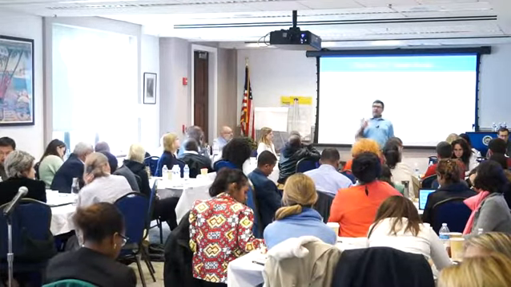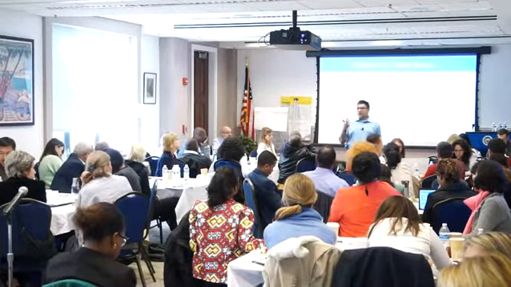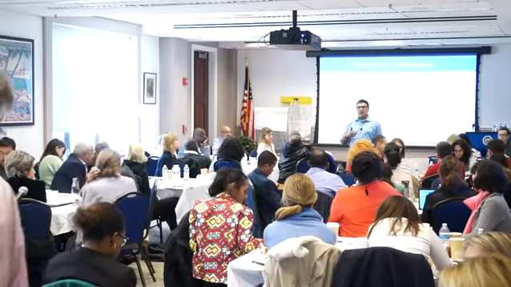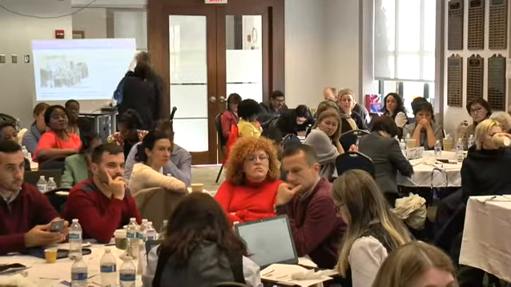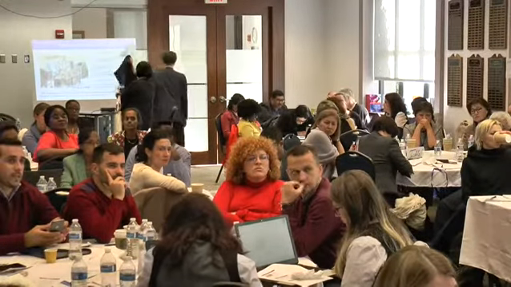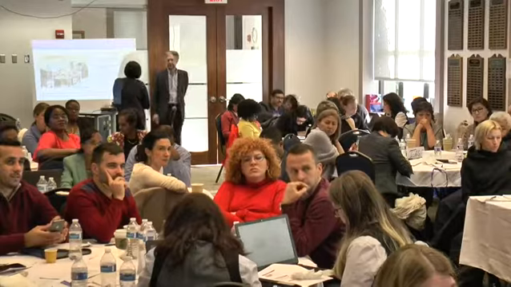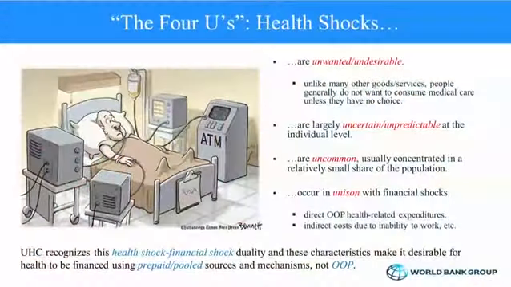However, statistically, even if at the individual level this is unpredictable, there's a law of large numbers that says that at the aggregate level, projected expenditures become more and more predictable as more and more people get into the pool. The third U is what we discussed, that health shocks are uncommon.